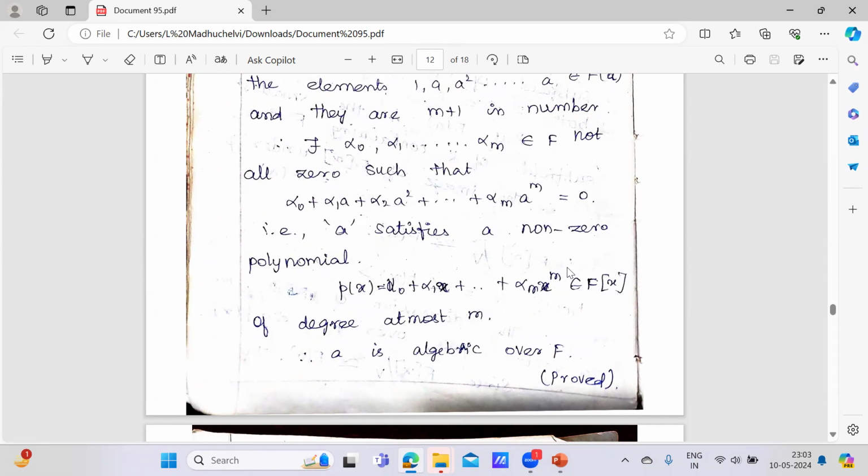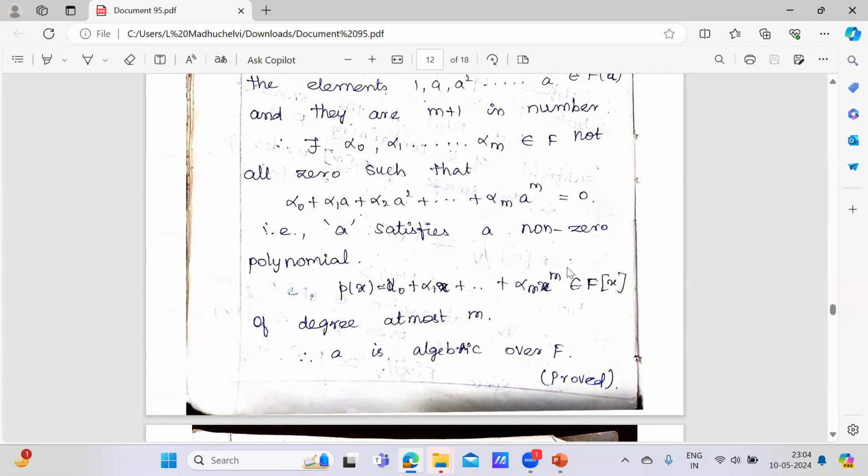That is, a satisfies a non-zero polynomial P(x) equals alpha 0 plus alpha 1 x plus etc. plus alpha m x power m belonging to F[x] of degree at most m. Hence, a is algebraic over F.